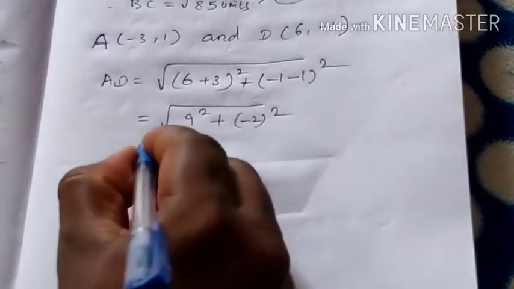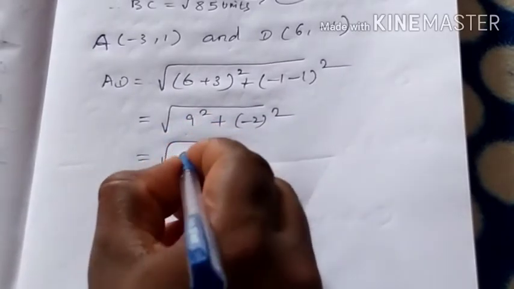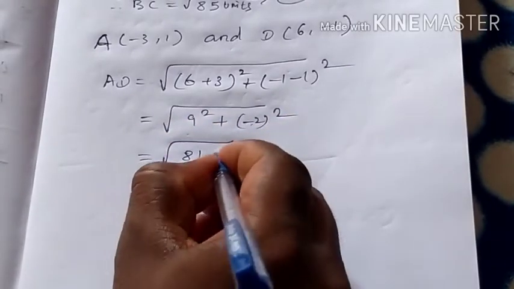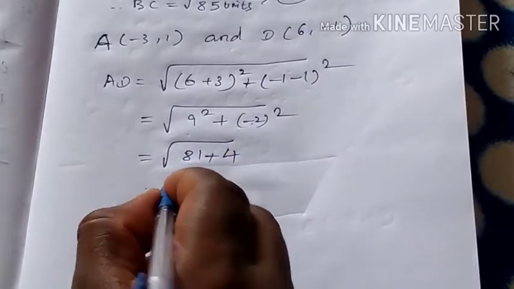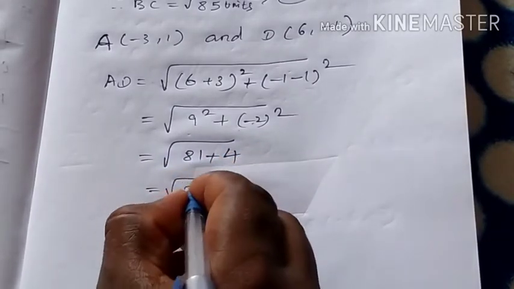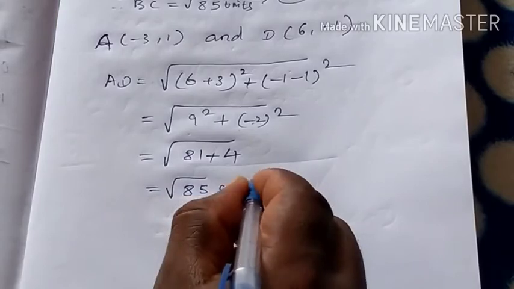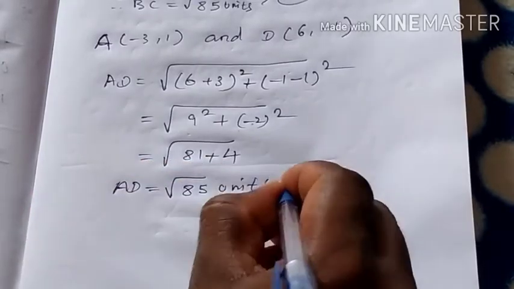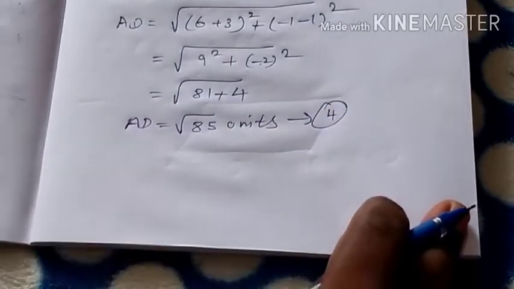Okay, this is equal to the square root of 9 squared is 81, minus power even number plus, 2 squared is 4. Now we get 81 plus 4 is 85 units. This is for AD.